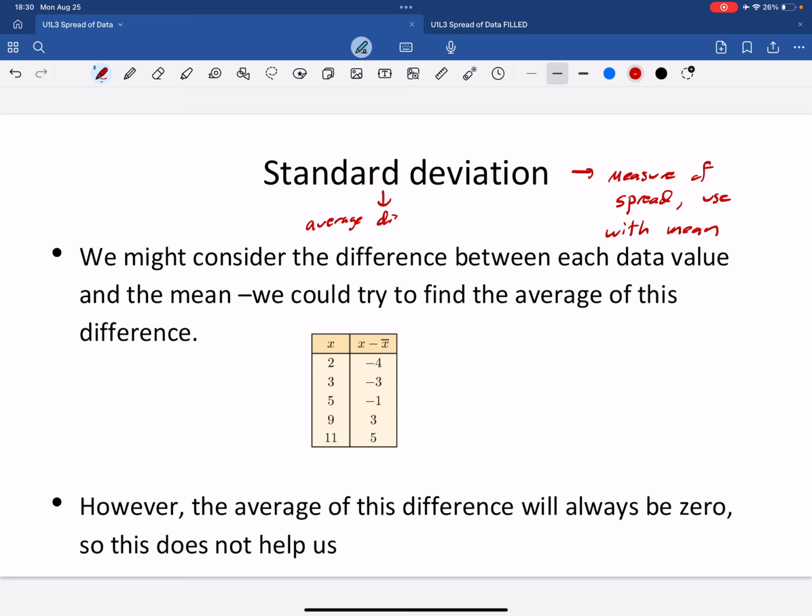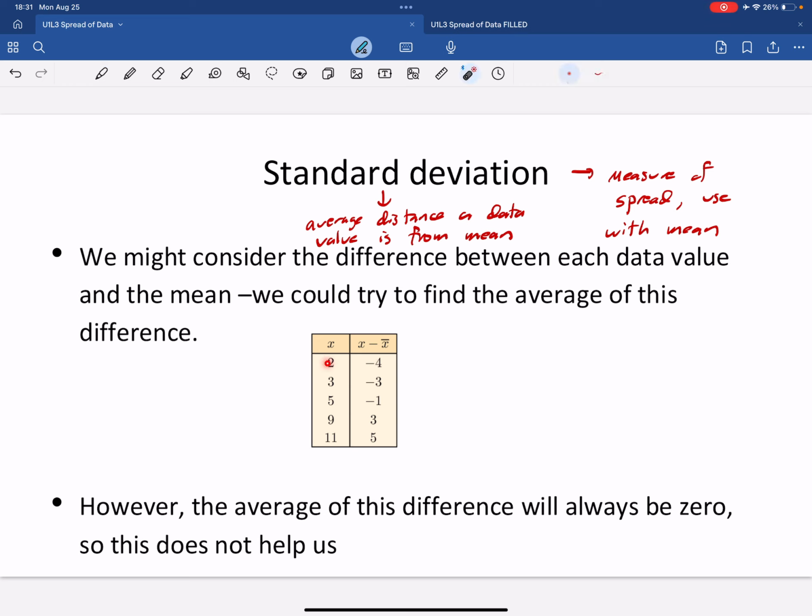Average distance a data value is from the mean. Okay, it's an average distance. So like, here we have the data value and we have the value of it minus the mean.